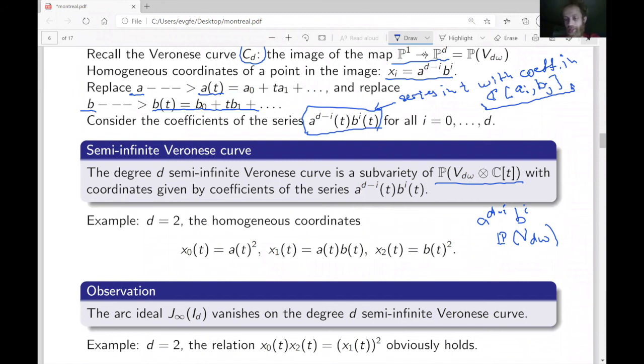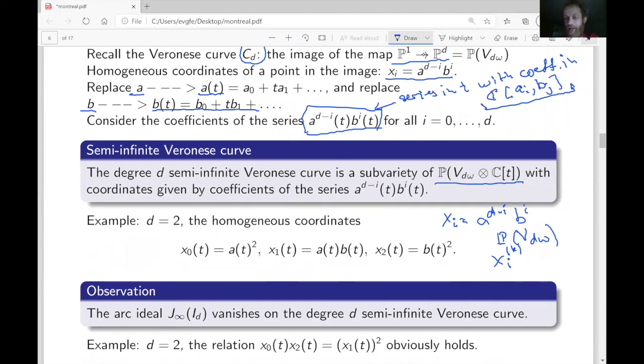Meaning that we have not only the index i corresponding to this product, but also the upper index k. So this was the expression for our x_i, and now we have x_i^k, such that these are exactly the coefficients of the series A to the d minus i of t, Bi of t expanded in t.